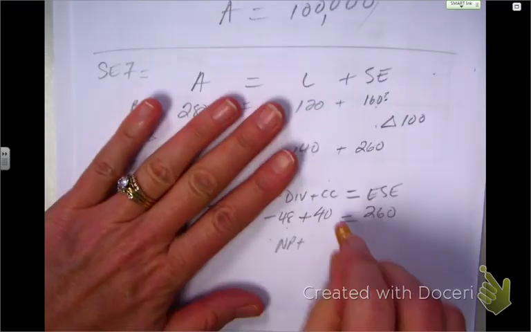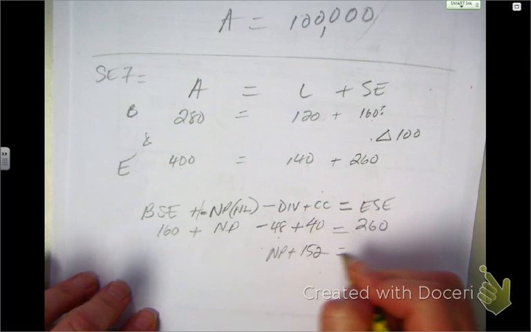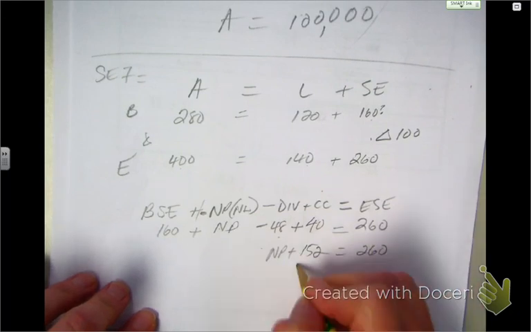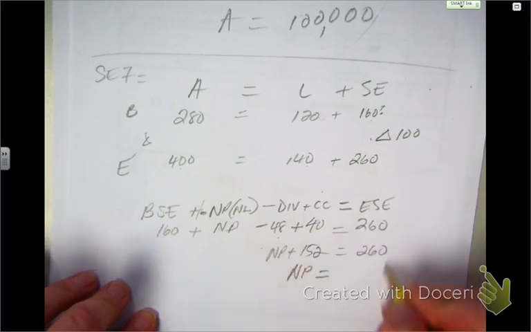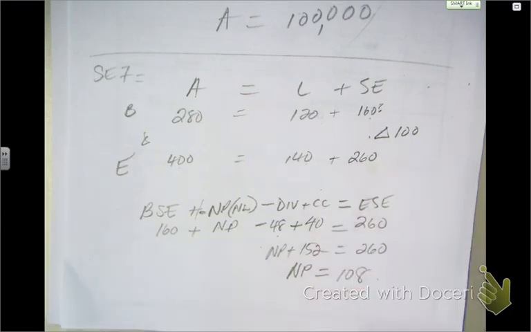So it's 160 minus 48 plus 40, 152, equals 260. So we're going to say our net profit was 260 minus 152, 108. Okay, so our net profit in this problem is 108.